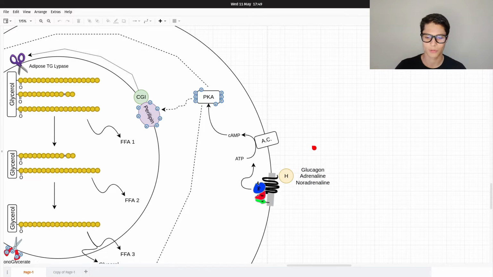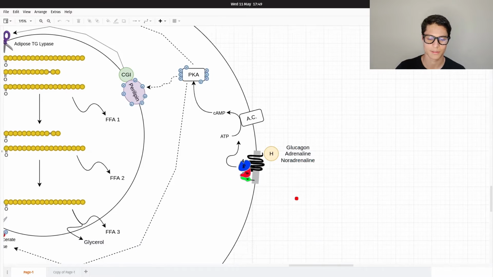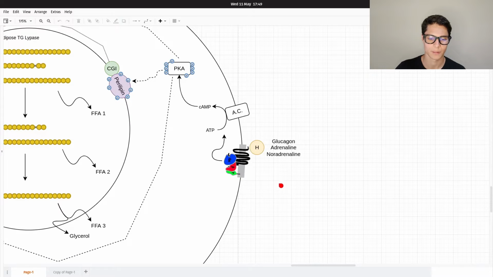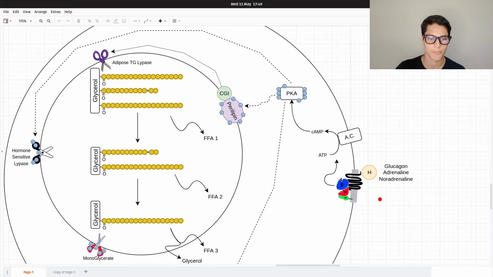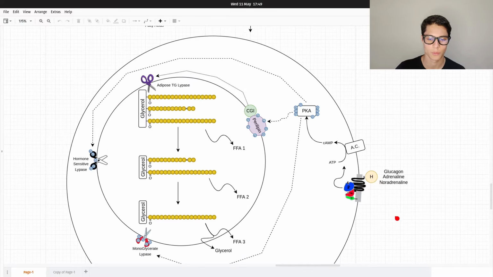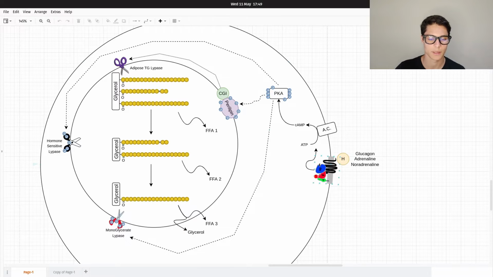These hormones are called hyperglycemic hormones because they increase the blood glucose levels and they stimulate the sympathetic system, like adrenaline and noradrenaline. There is a very meaningful reason behind that, because free fatty acids then can be used as energy by the muscle when we are in a fight or flight state.